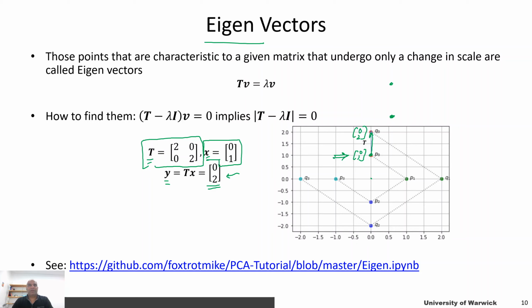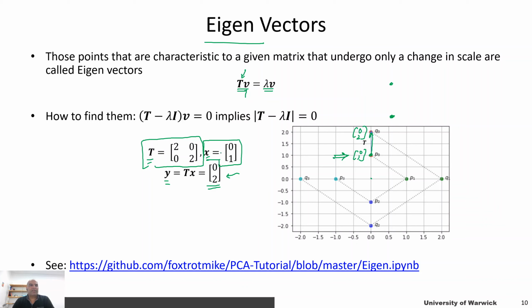Once we multiply by this matrix T, the only thing we see is a scalar change, no change in direction. The definition of the eigenvector is the following. V is going to be an eigenvector of a given matrix T if you multiply T with V, and you get a vector that can be expressed as a scalar times the original vector.